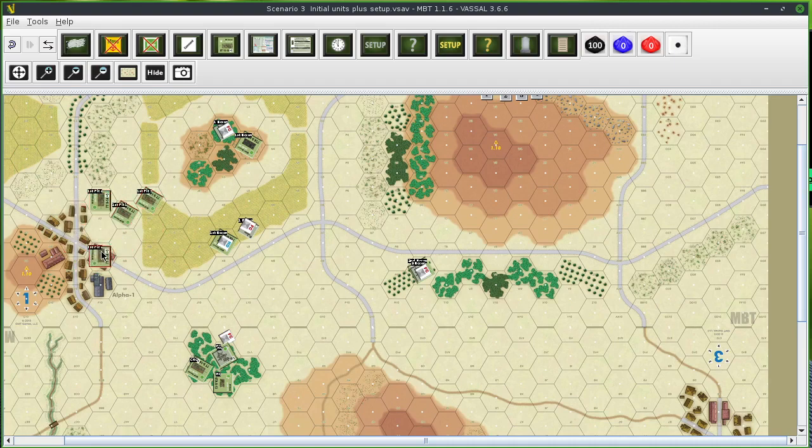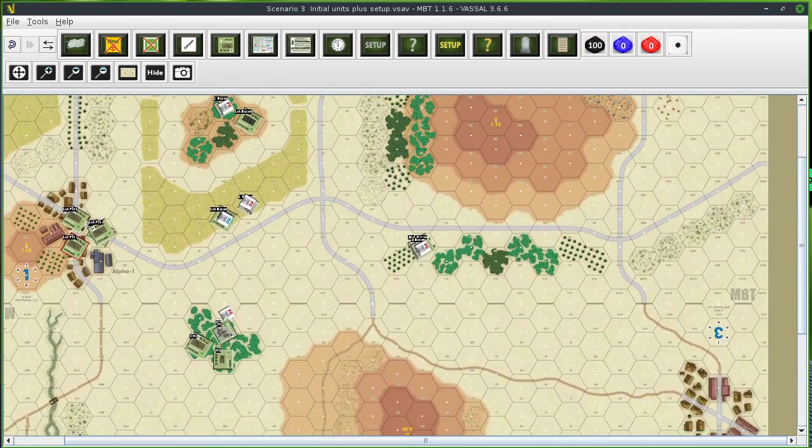Maybe I'll put one here, put 2 there, and put 2 behind them. That's a possibility. That's a very good possibility I'm thinking of. And they can pretty much react to whatever's going down over here.